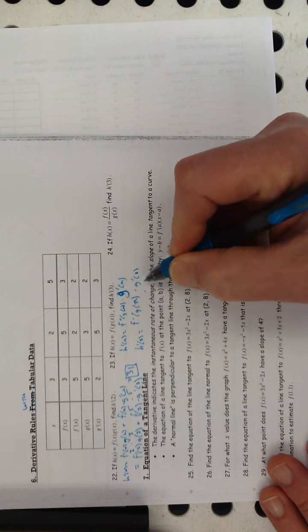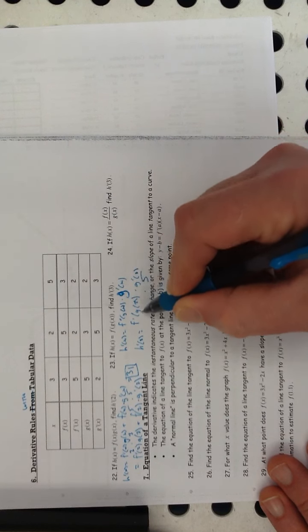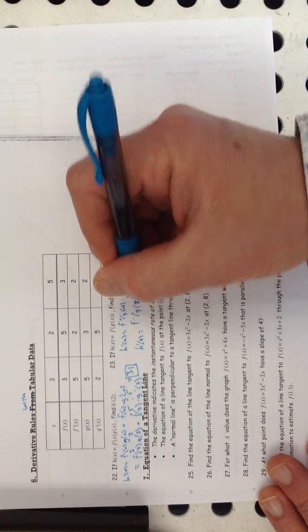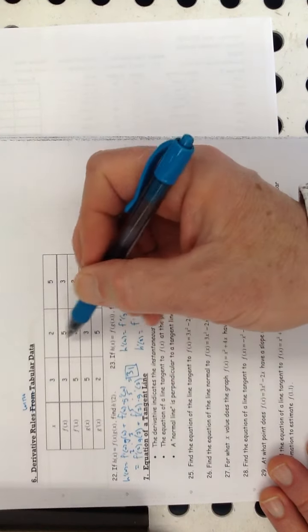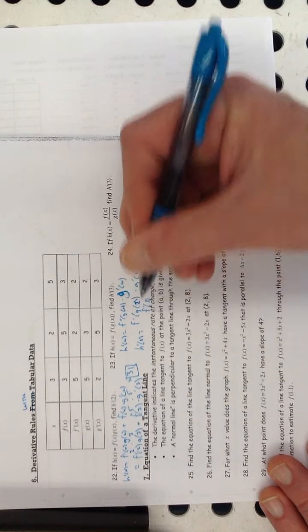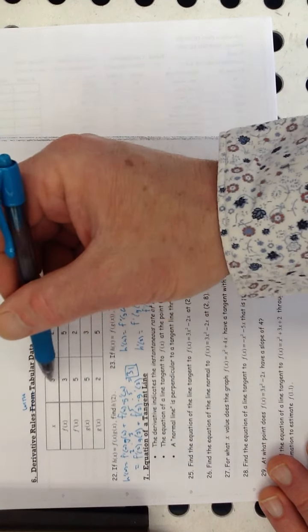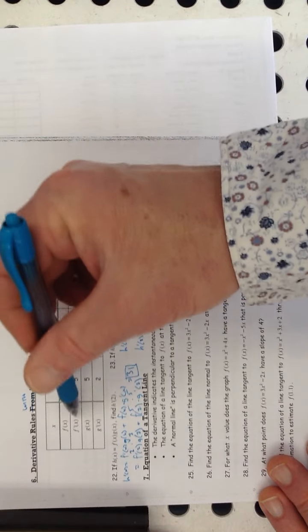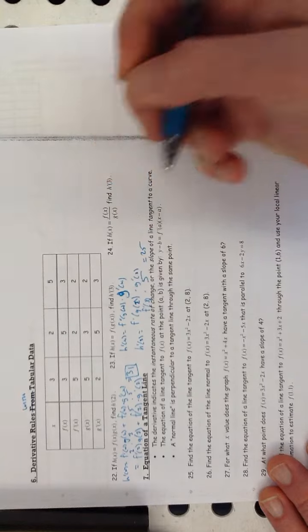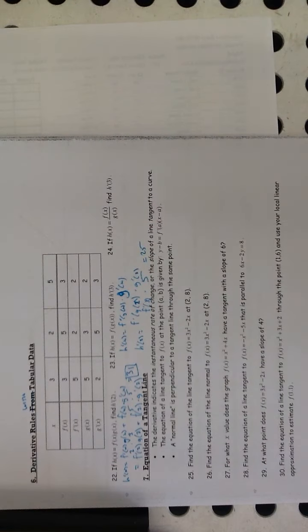So g prime of 2 is 5. g of 2 is 3. And f prime of 3 is 5. A lot of 5s and 2s and 3s in that table.